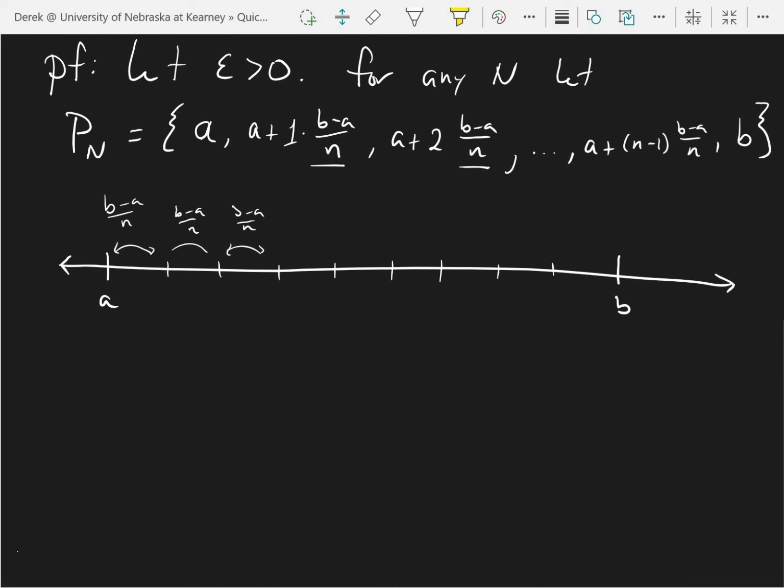Alright, let's assume we've got monotonically increasing. Monotonically decreasing is very similar. We just have to flip which side the max is on and which side the min is on.